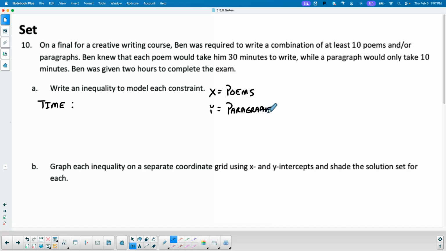So time, how long does it take to write a poem? 30 minutes, so in my equation that's going to be 30x. How long does it take to write a paragraph? 10 minutes. So that's 10y.